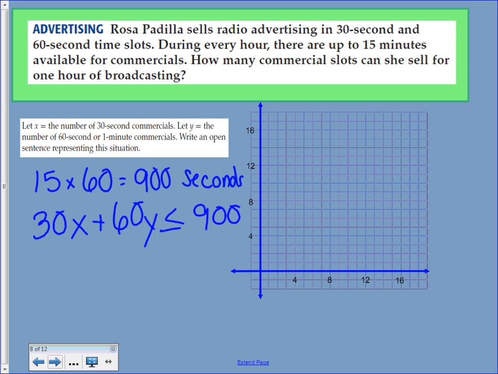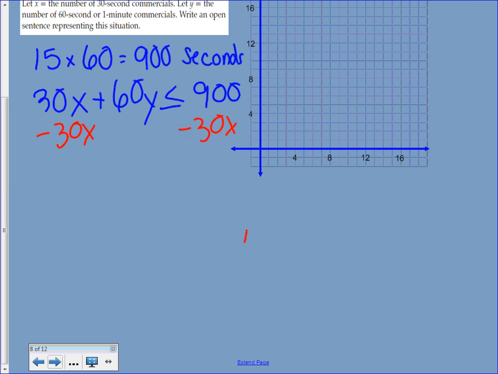So now I need to solve this for Y. I'm going to subtract 30X from both sides. Then what we're going to do next is I want to get rid of that 60 in front of the Y. So I'm going to divide both sides by 60.